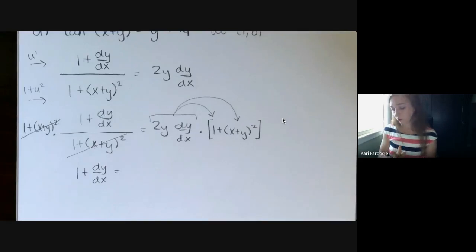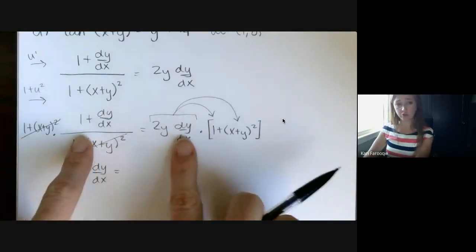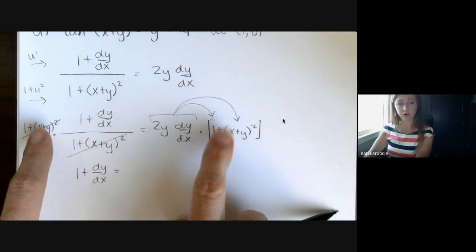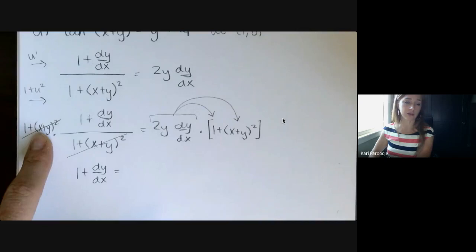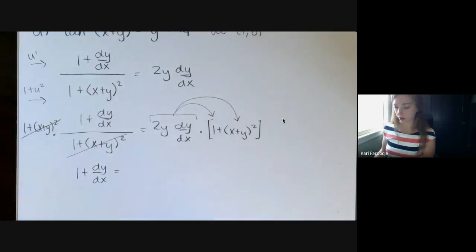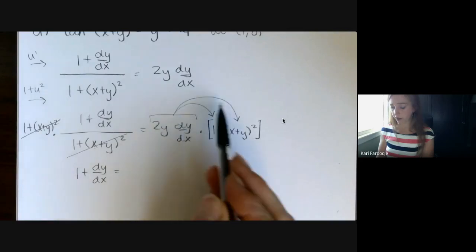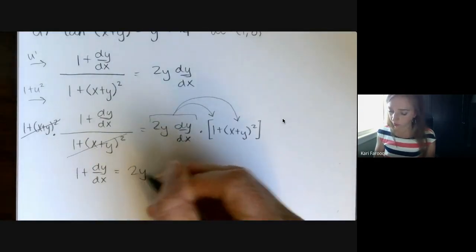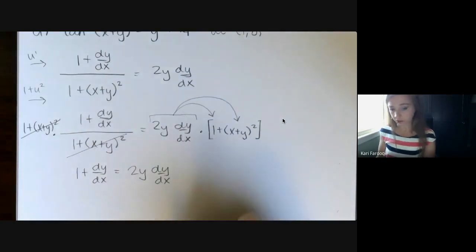Remember, whatever you do on one side of an equation, you must do to both sides. So I haven't changed the equation because we just took the entire equation and multiplied each side by the same quantity. That allowed us to get rid of the denominator on the left-hand side. All right, so now on the right-hand side, I'm going to multiply first by 1 and then by (x plus y) quantity squared. So when I multiply by 1, I'm just getting my exact same expression back for the first term.